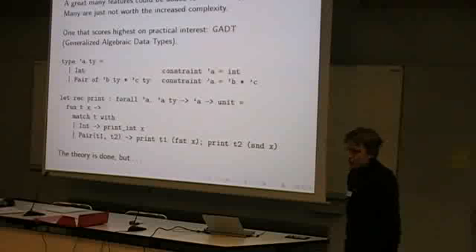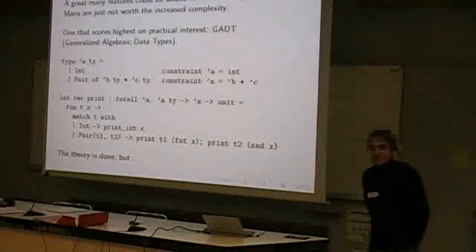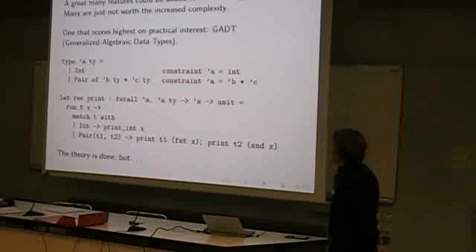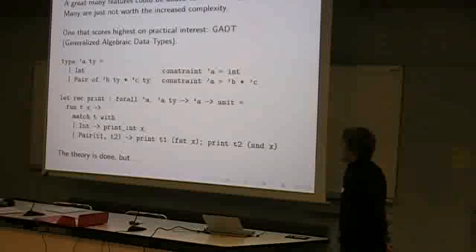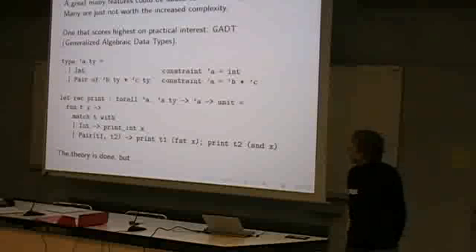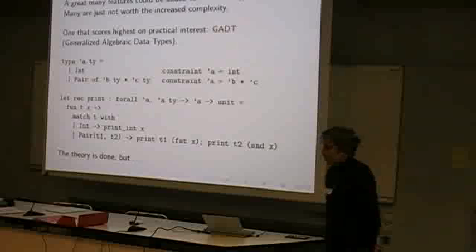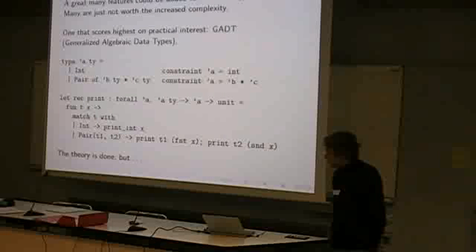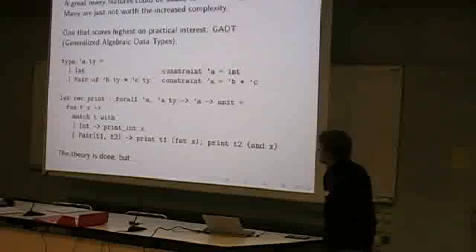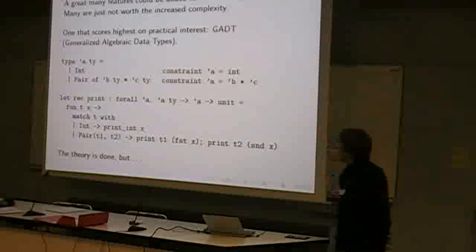And if you look at Glasgow Haskell, for instance, they have a pretty good selection of things that we could add. I believe many of those additional type system features are just not worth the increased complexity of the whole language. It's kind of a law of diminishing returns for type systems. But still, there are a couple of possible extensions that are of high practical interest.